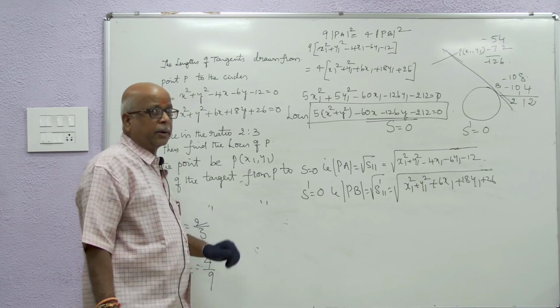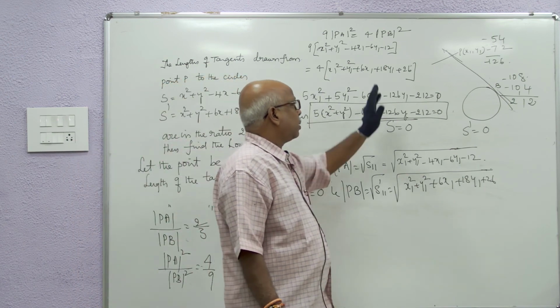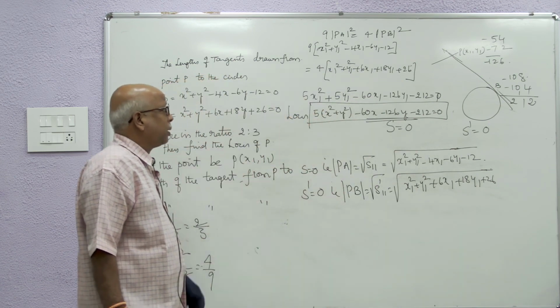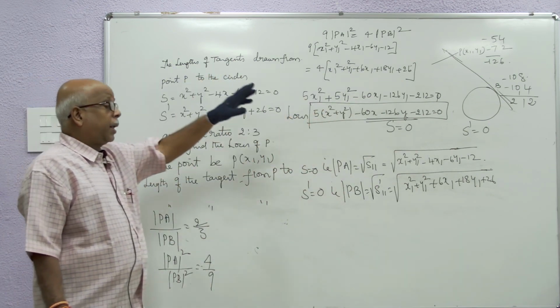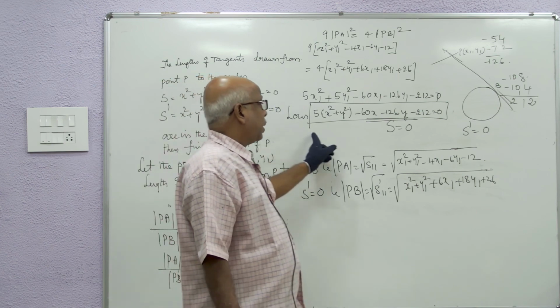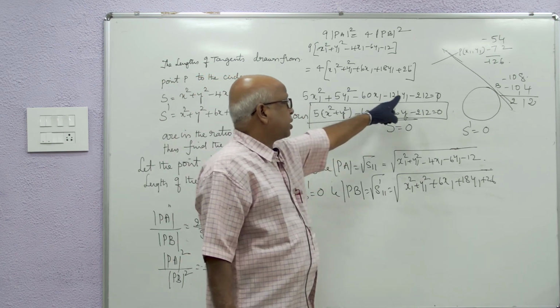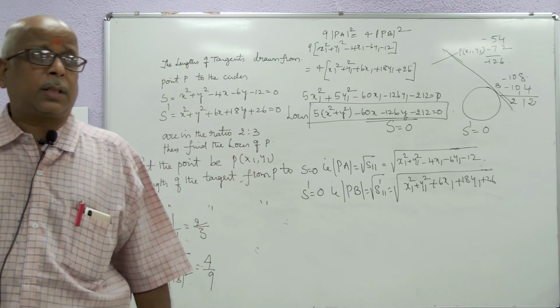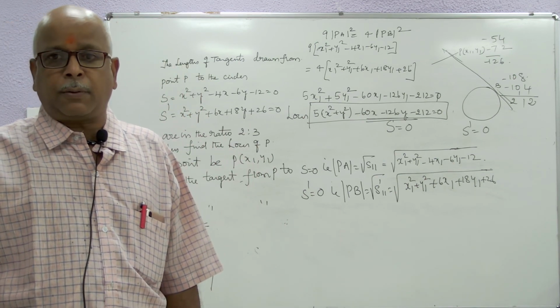Squaring on both sides, cross multiplication, we got two expressions on either side of the equation. Bring all values to one side. Finally, we will get this equation. To find out locus, replace x1 with x and y1 with y.